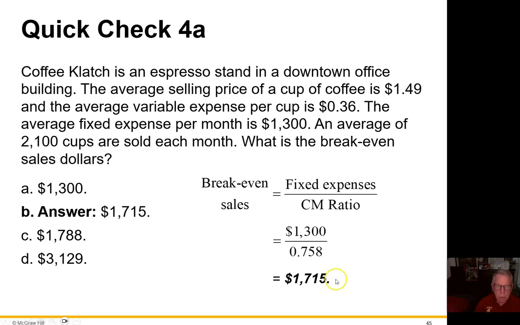That's the contribution margin ratio. That would be the difference between $1.49 and 36 cents divided by $1.49. All right, so once you know that, then you can divide the fixed cost by the contribution margin ratio, and that will give you the dollars that you need to sell in order to break even.